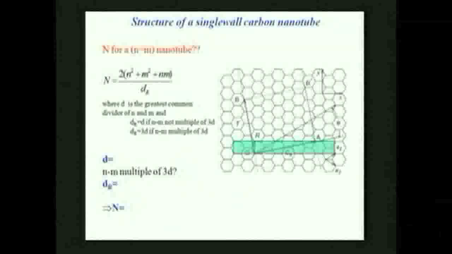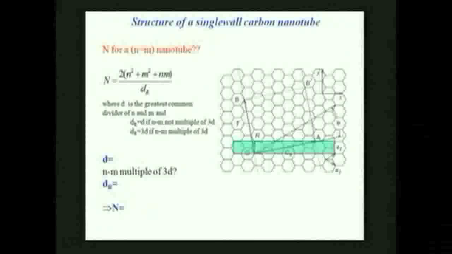So let's extend this result to all armchair nanotubes. I remind you that an armchair nanotube is defined by the equality of the two integers n and m. So for armchair nanotubes, you always have (n,m) with n equal to m.